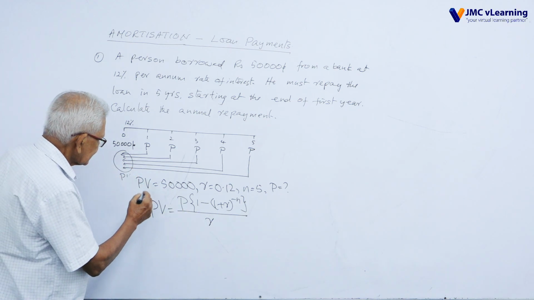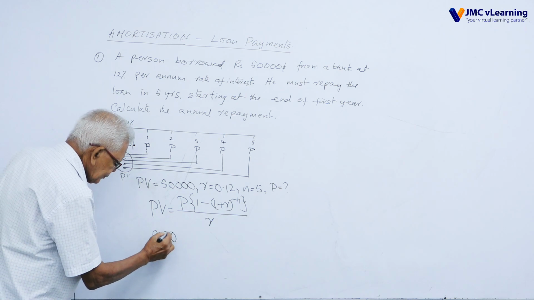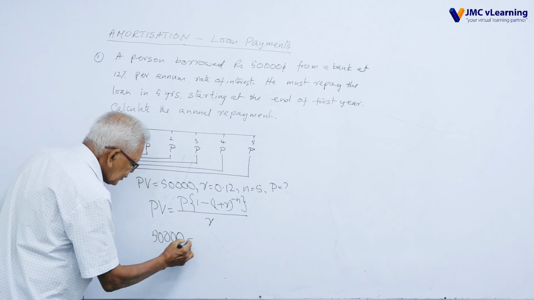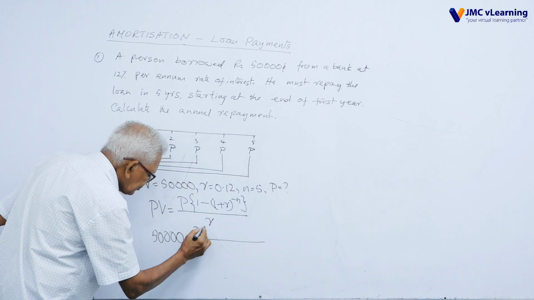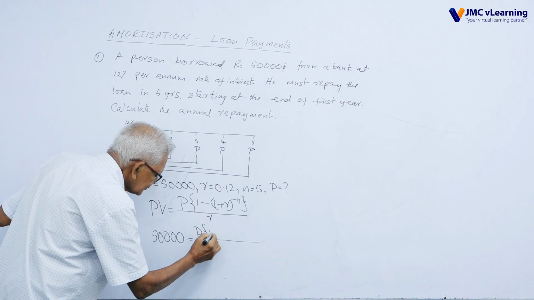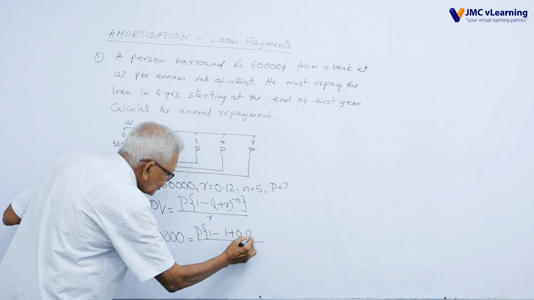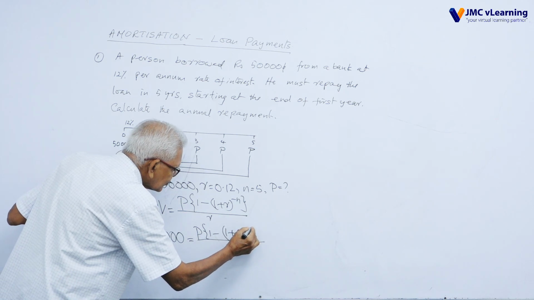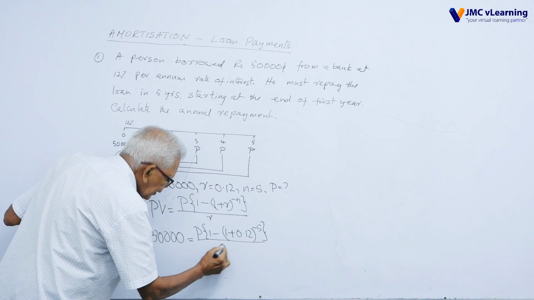Now substitute here: 50,000 equals P times the bracket 1 minus (1 plus 0.12) to the power minus 5, over 0.12.